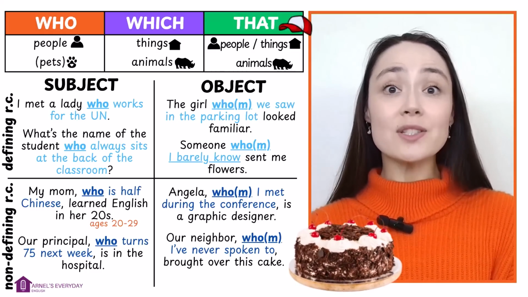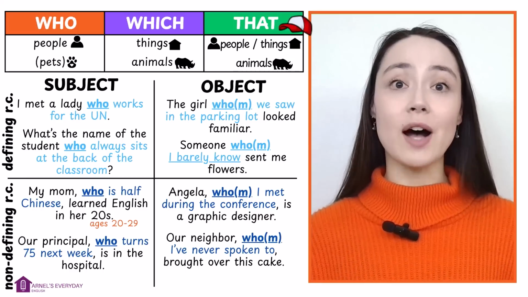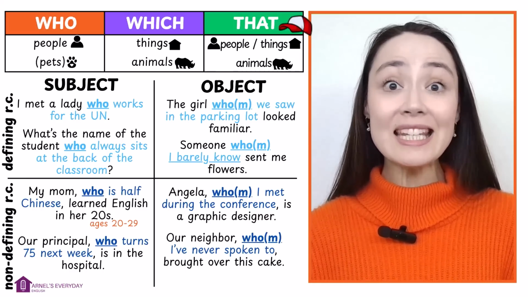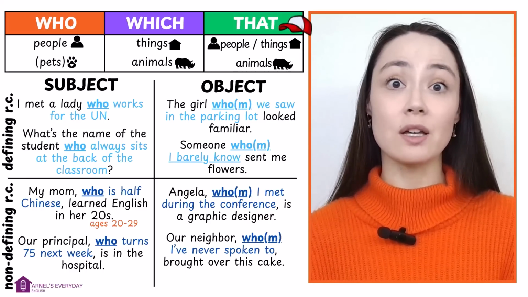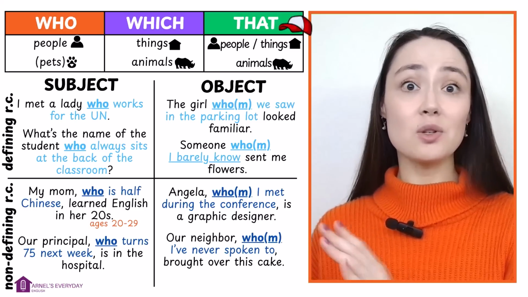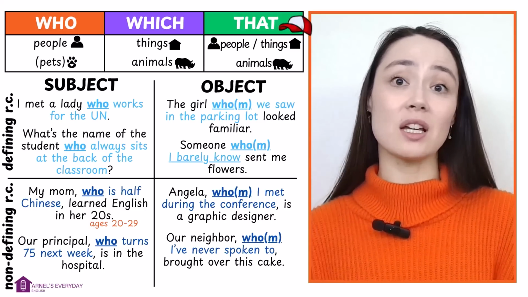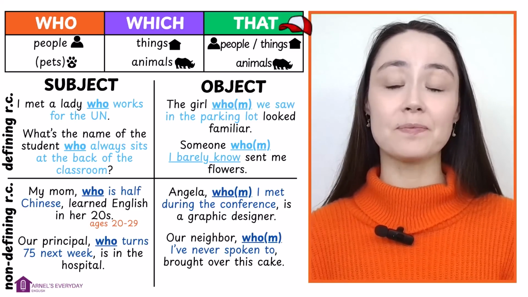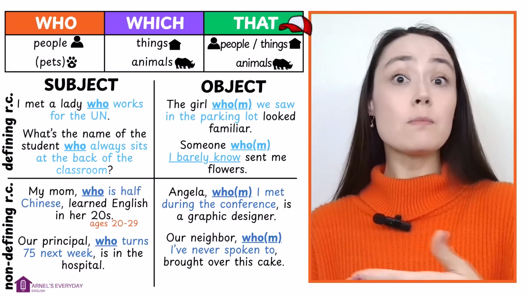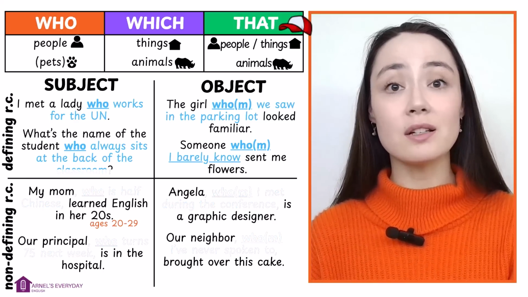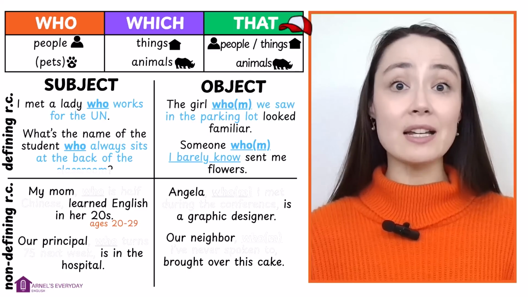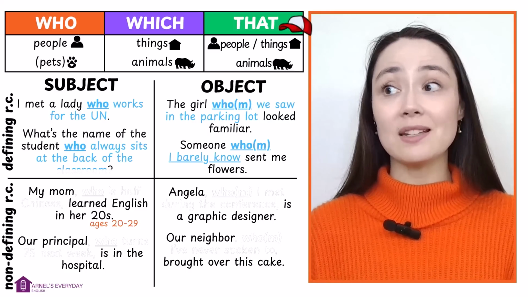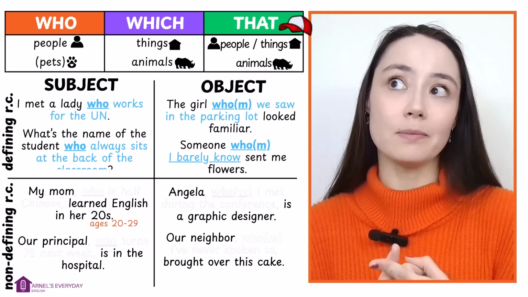The relative clauses here are non-defining, which means we don't need them to identify the noun. They are just there to give extra, interesting information. If I remove the relative clauses, we have no problem identifying the noun. I mean, I only have one mom.